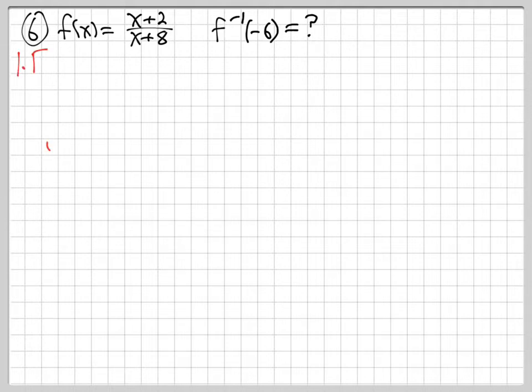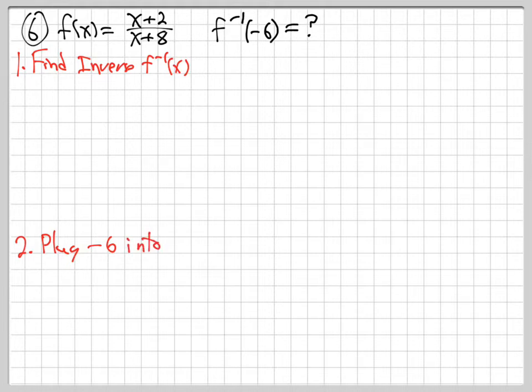Step 1, find the inverse, f inverse of x. And then way down here, step 2, plug negative 6 into the inverse function. So it's 2 steps. It's just like the last few problems, except at the end, once we found the inverse, we have to plug negative 6 in there.